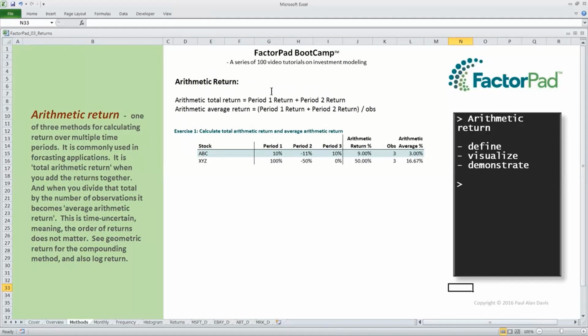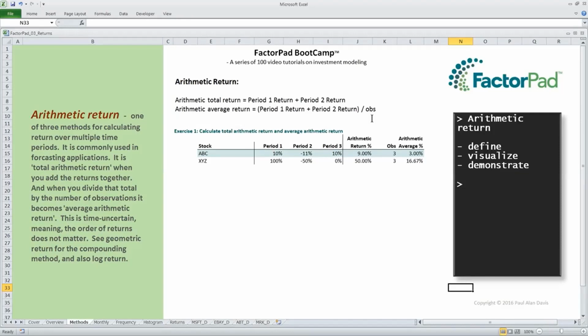Here we have 2 versions of arithmetic return. The arithmetic total return, sometimes just called arithmetic return, involves adding the returns together. And for the average, often called the arithmetic mean, take the total and divide by the number of observations. It's just the simple average we use every day, like 2 t-shirts selling for 24 is 12 per shirt.